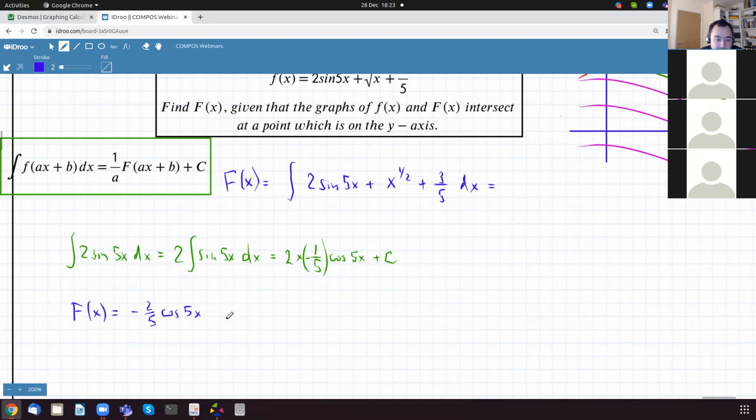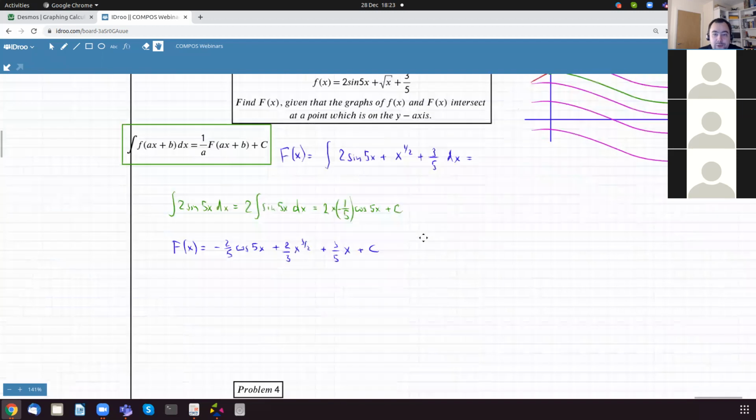Now x to the power half is going to be x to the power 3 over 2 divided by 3 over 2. So when you divide by a fraction, the fraction flips around, so it's going to be 2/3. 2/3 x to the power 3/2 plus 3/5 of x plus c.